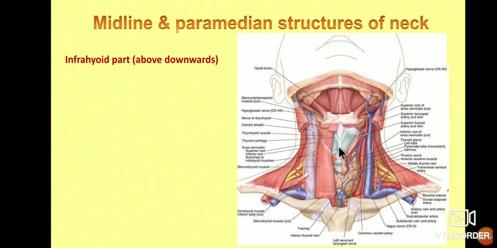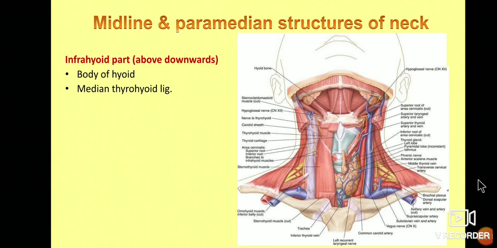This is the angle of the thyroid cartilage which you are seeing. The angle of the thyroid cartilage is actually more pronounced in the males. Okay, the angle increases in case of the males, and that actually is responsible for the deep voice in the males, especially after puberty.